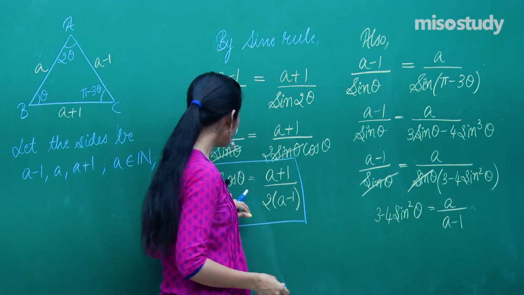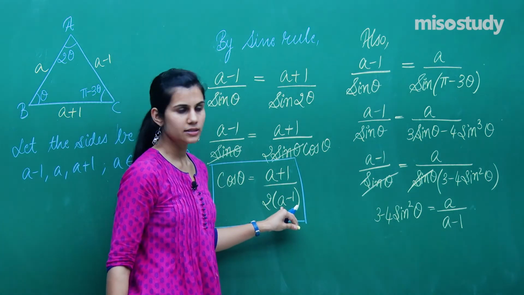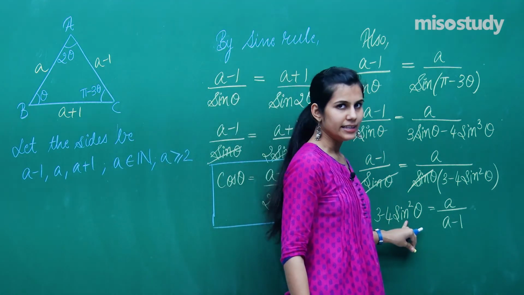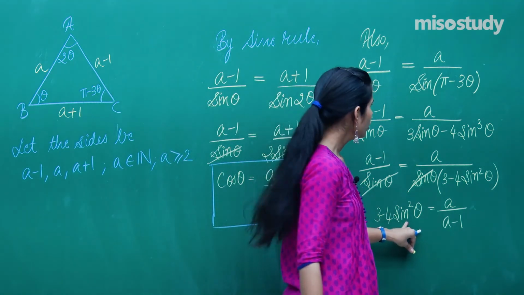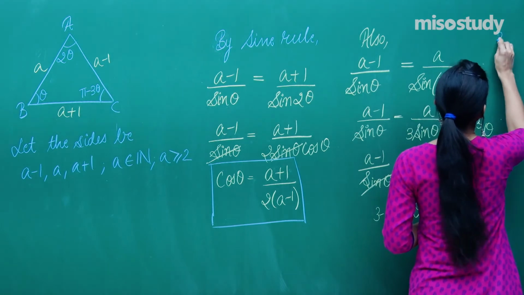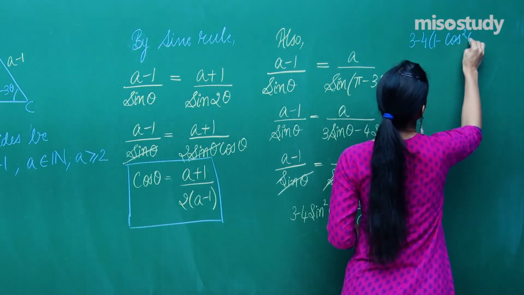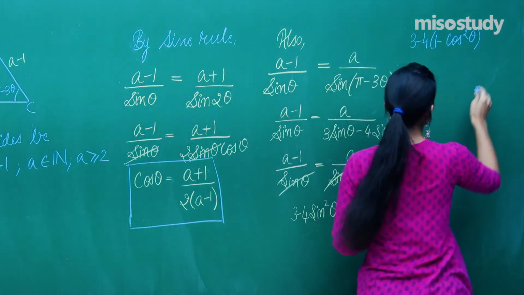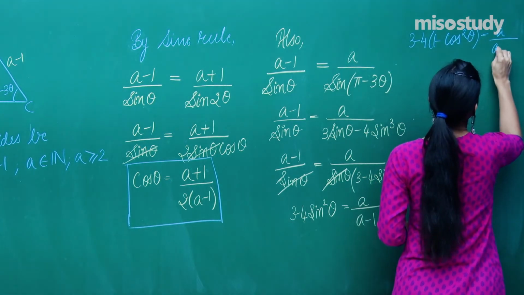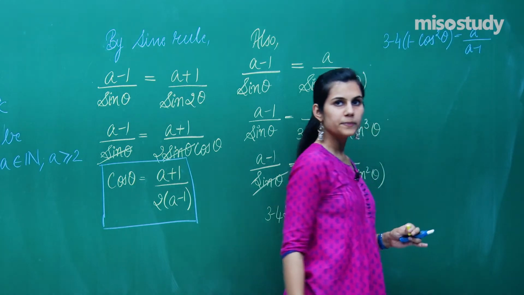I have something like cos theta is equal to this. Here I have sine squared theta. Of course I can convert it into cos. What is it that I get? 3 minus 4 into 1 minus cos squared theta is equal to a upon a minus 1.